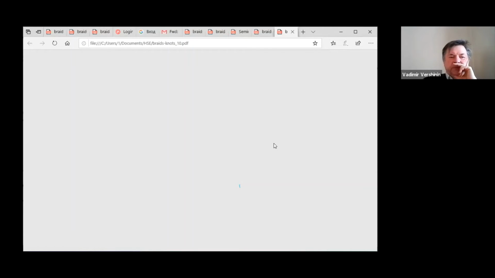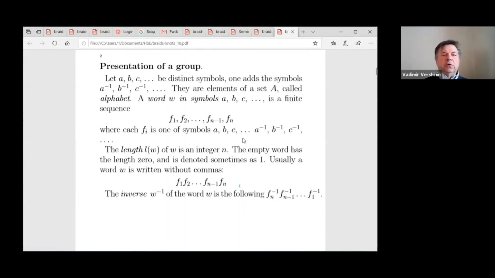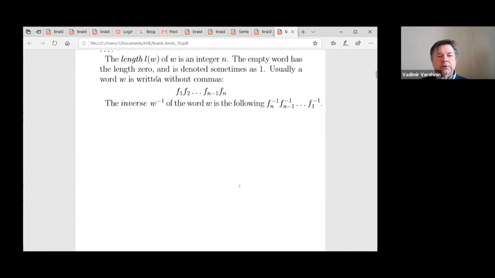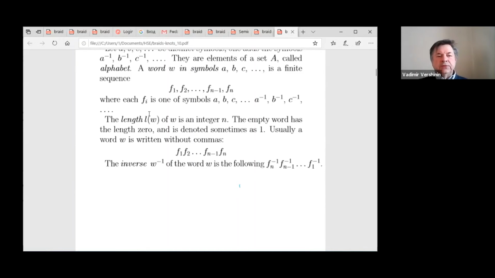We need something about presentation of groups. So you consider a set which we call an alphabet. A sequence of elements of the alphabet is called a word, and there are evident things, like the length of the word.